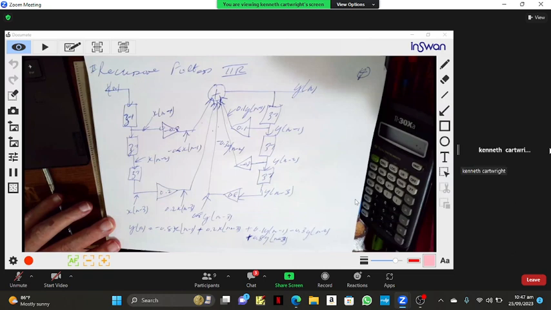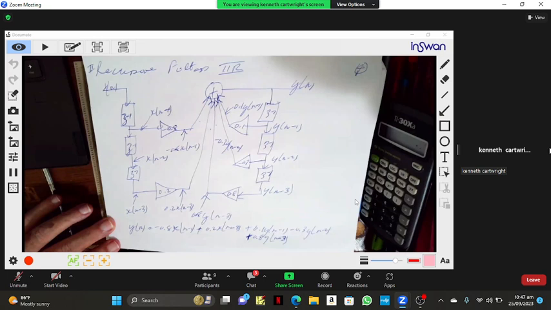Send me the A vector by chat. Send me the A vector for this filter.